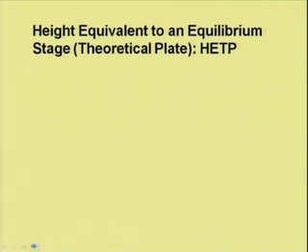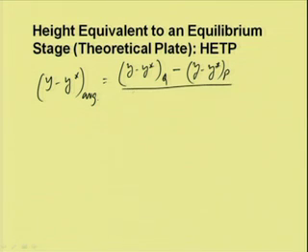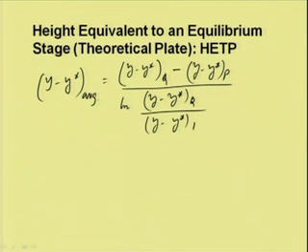So, if we take that, (y minus y star) average would be (y minus y star) Q minus (y minus y star) P, divided by ln of (y minus y star) Q divided by (y minus y star) P.